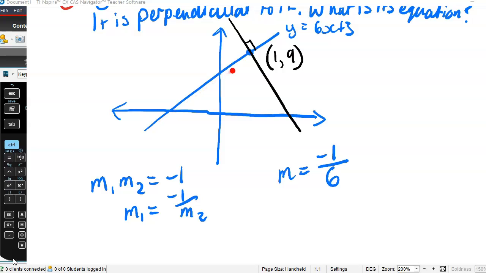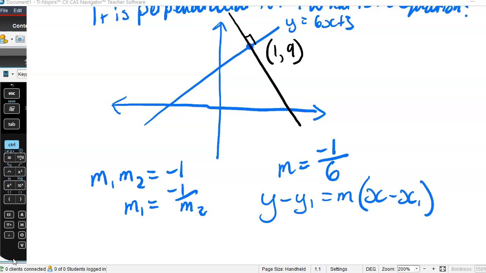This first line was a positive gradient, so the second line must be negative, and 1 over 6. Okay, so we know we've got to find the equation now. So I can use this method.